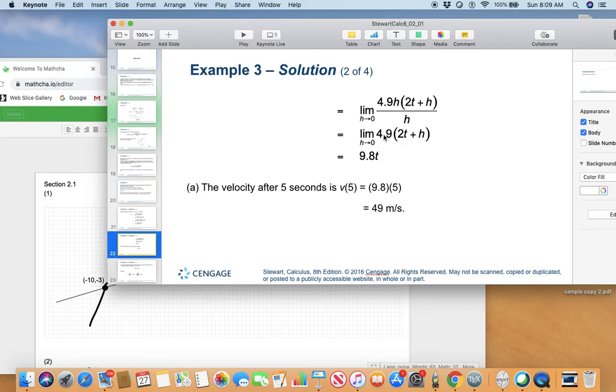All you are left with is 4.9 times (2t plus h). When h approaches 0, this goes away. h becomes 0. Then 2 times 4.9, 9.8t. So the velocity after 5 seconds, well, this is the velocity function, so plug in 5 and you get the velocity after 5 seconds.